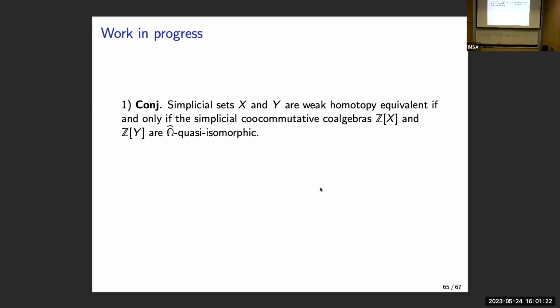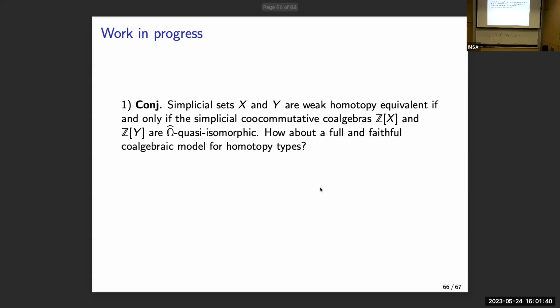Philosophically, we know it's true for all p and for the rationals, so it should be true over the integers. But there's some gluing data and some theory of coalgebras that I failed to get my head around. But maybe with enough time and help, I can prove it.